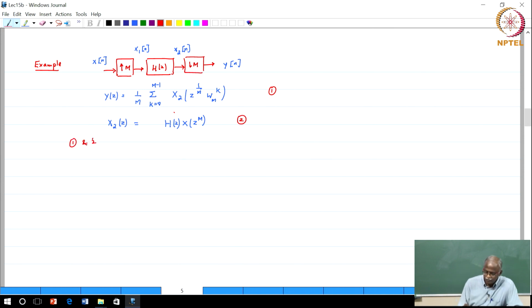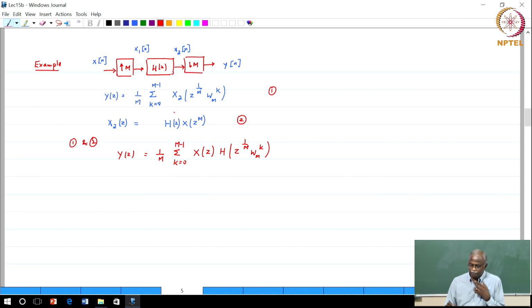Combining equation 1 and 2, we get y of z is equal to 1 over m summation k equal to 0 to m minus 1, x of whatever is the argument of x2 of z, you must raise it to the power m. So, you find that this will become just x of z for all the substitutions, and the second term will be h of z power 1 over m W_m^k.